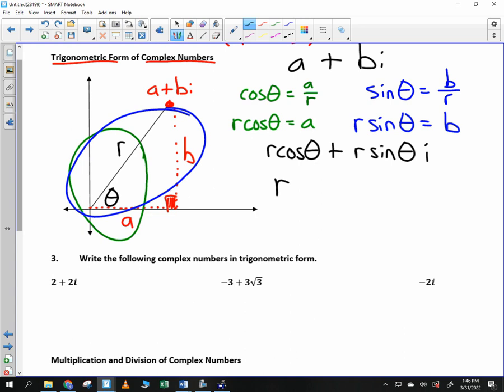Factor out an R. R times the cosine of theta plus, and I'm going to put the I in front of sine so we don't think it's the theta times I. So I sine of theta. So this is complex form. This is trig form.